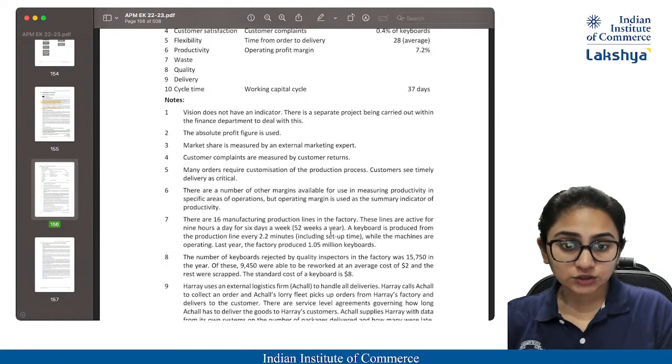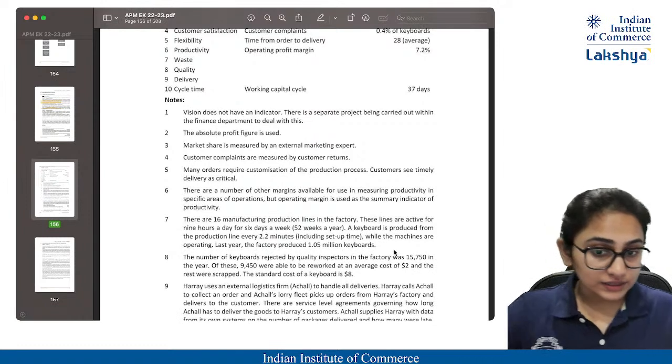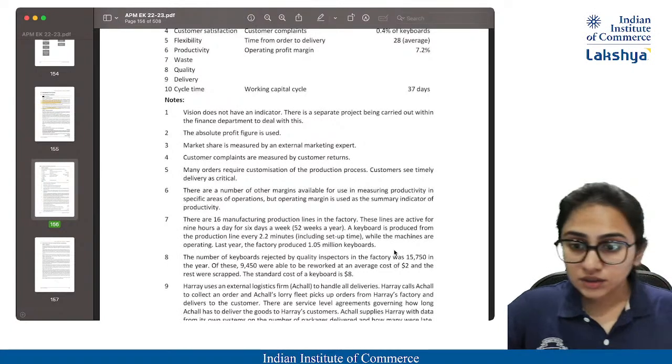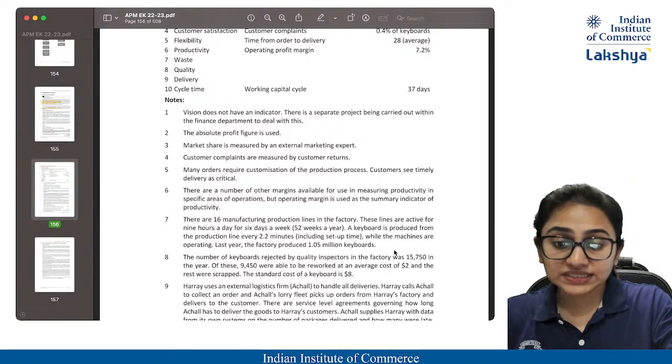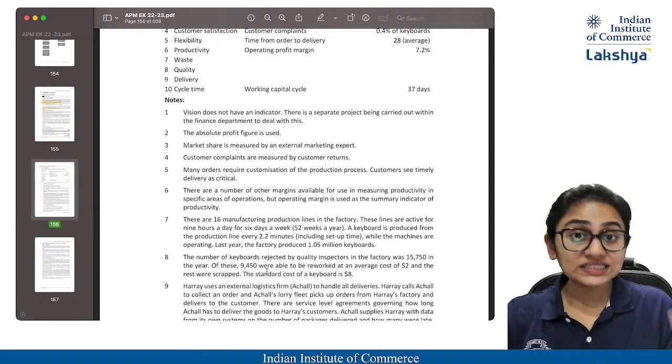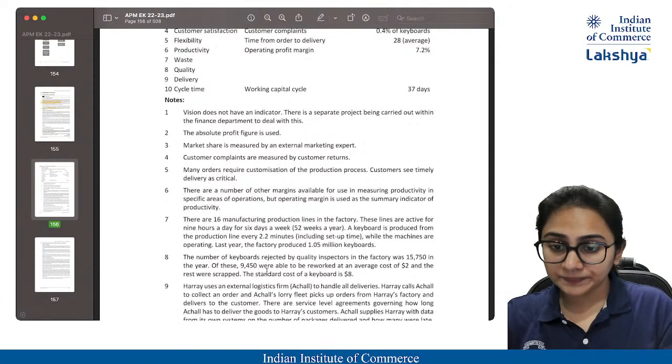So the faulty goods were 1.5% of the total, where the quality inspectors rejected, and of that 9,450 were reworked. So out of that 60% were repaired, because 15,750 were faulty. Out of that 9,450 were reworked, that is repaired. So that means 60% were repaired.